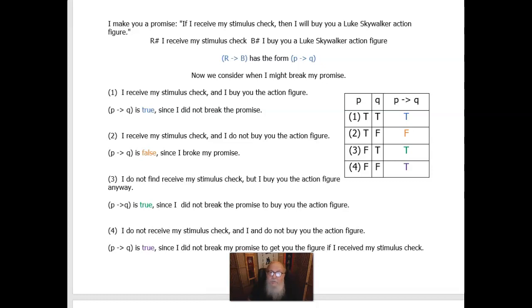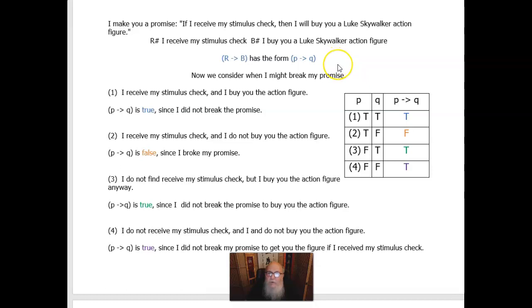But in any case, we first translate it. R, I receive my stimulus check. B, I buy you a Luke Skywalker action figure, but not one from The Last Jedi. And it has the form if R, then B, R arrow B, which has the universal form of if P, then Q, P arrow Q.